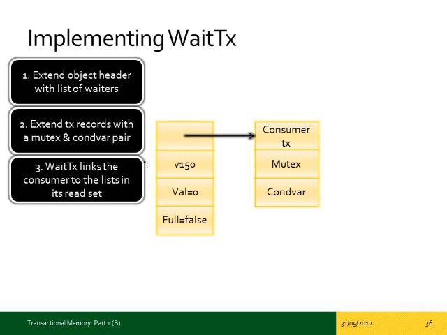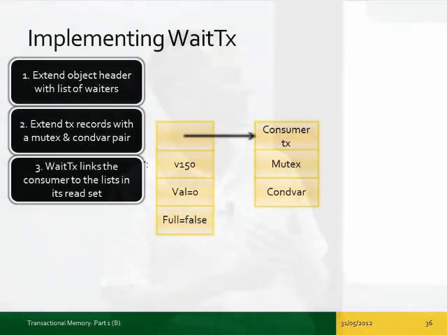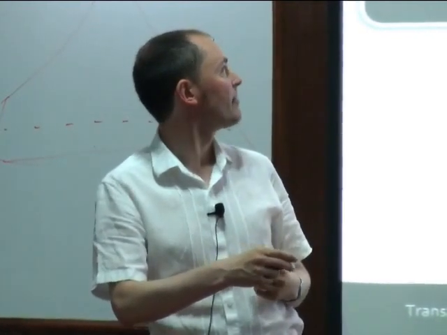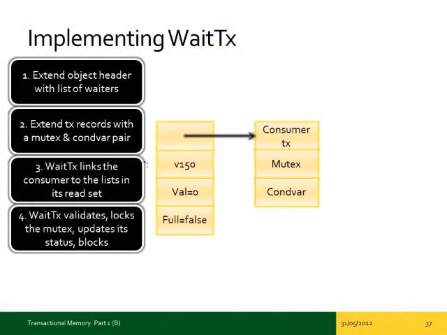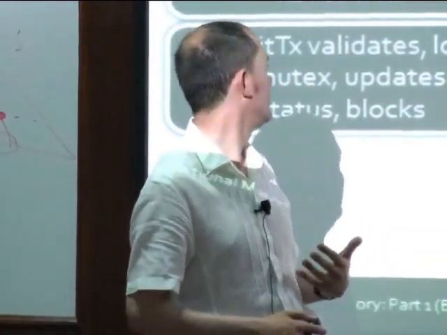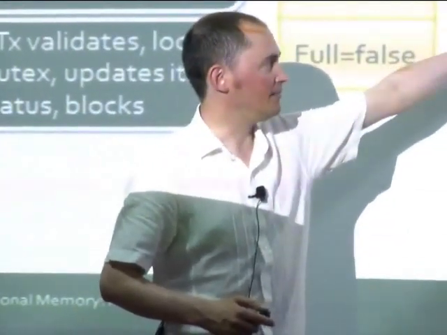Then in the wait transaction call, we use an atomic compare and swap to link this consuming thread onto a list of waiters on the object. And the thread is going to validate the transaction to make sure that it saw a consistent view of the objects and really should be going to sleep. And then it's going to sleep on the condition variable in its transaction record.